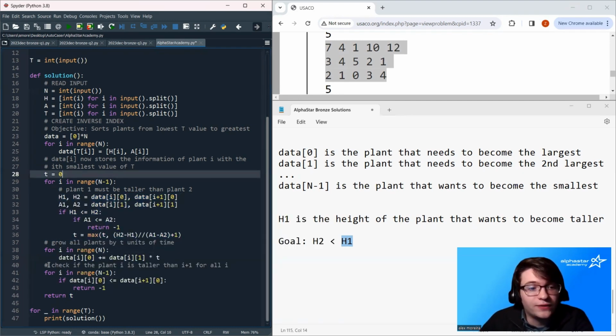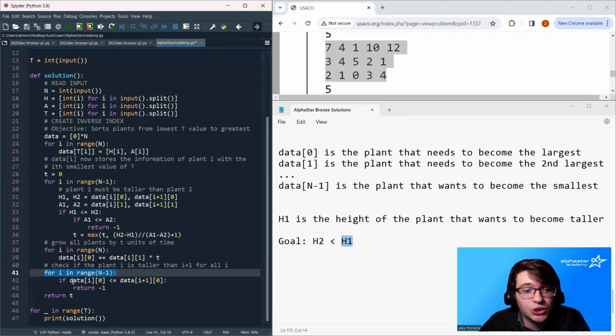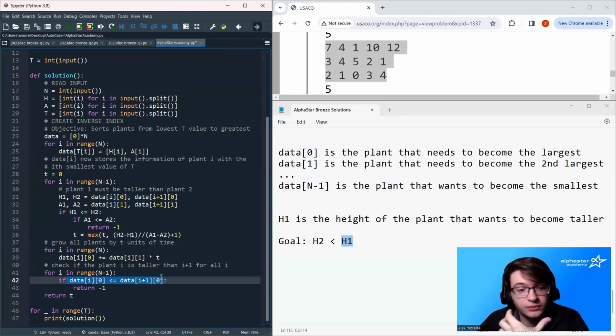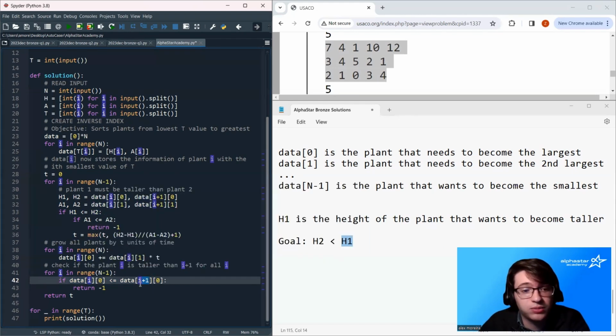And then we have to check. Now that we've adjusted all of those pairs in a way that we think should produce a valid solution, we have to stop and make sure it is actually a valid solution. So we're going to loop over all of those pairs one more time and make sure that the ith plant has to be taller than the ith plus 1 plant.